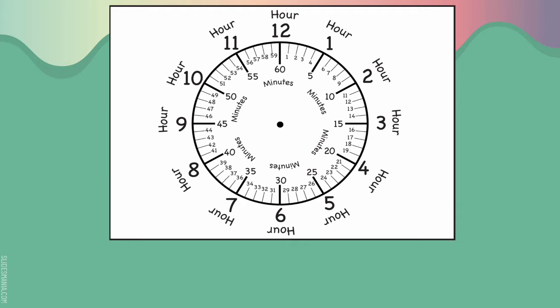So this is the clock, for example, and you are already familiar with it. It has numbers 12, 1, 2, 3, 4, 5, 6, 7, 8, 9, 10, 11, 12, and it is about the hour. It also speaks about minutes.